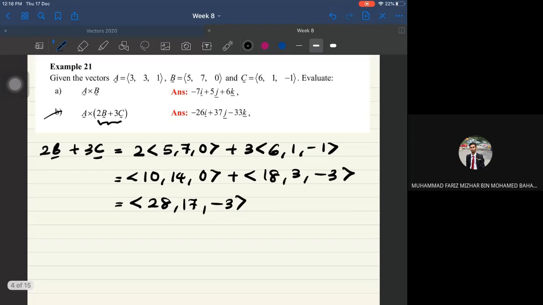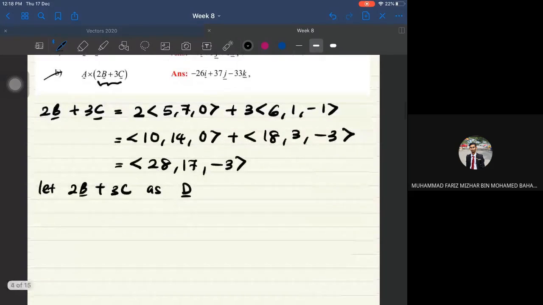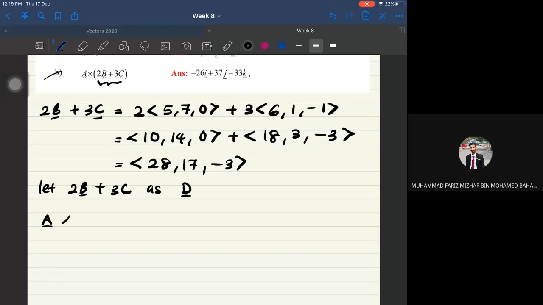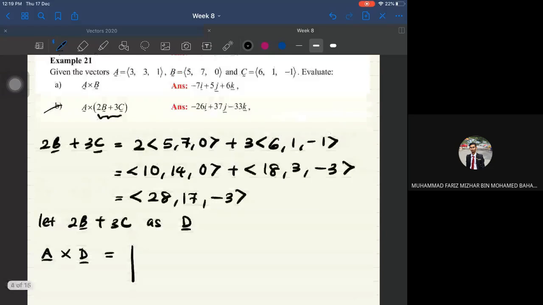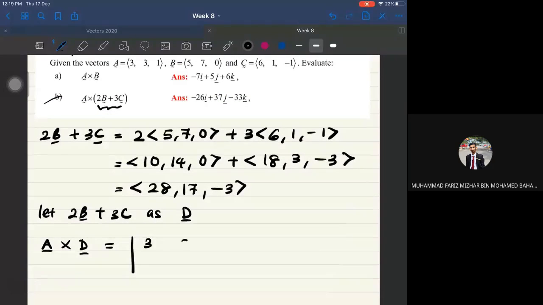So let's say I label 2B plus 3C as vector D. The cross product between vector A and vector D is equals to, vector A 3, 3, 1, vector D 28, 17, negative 3.